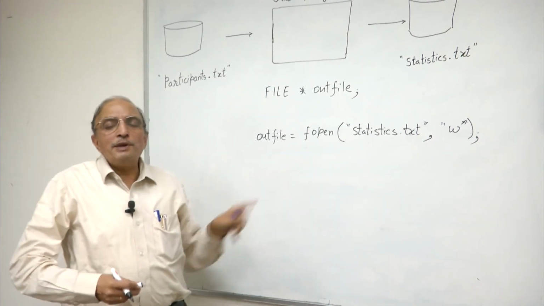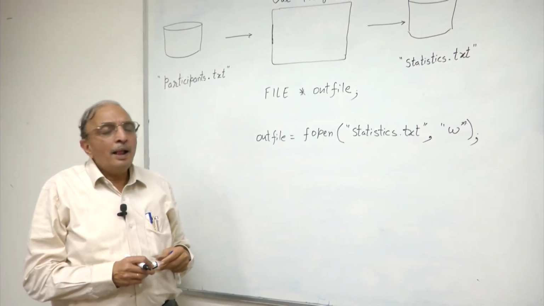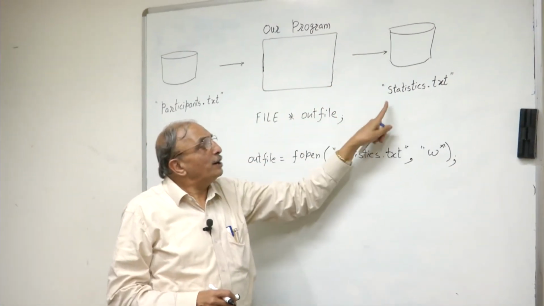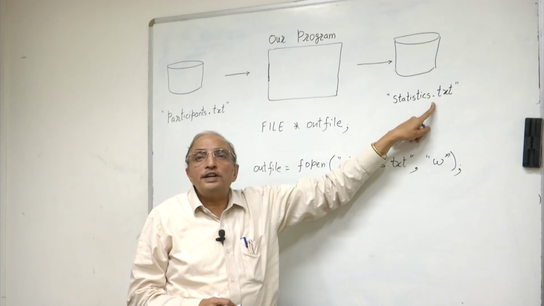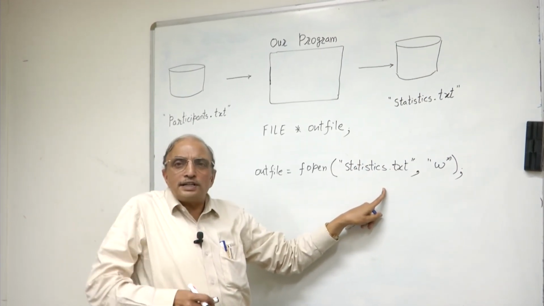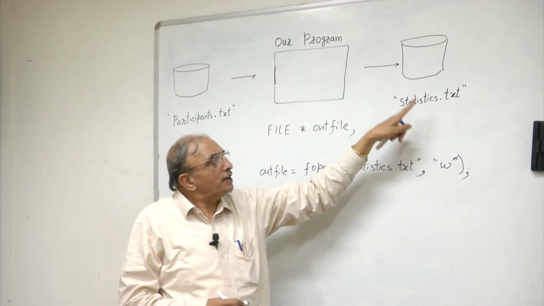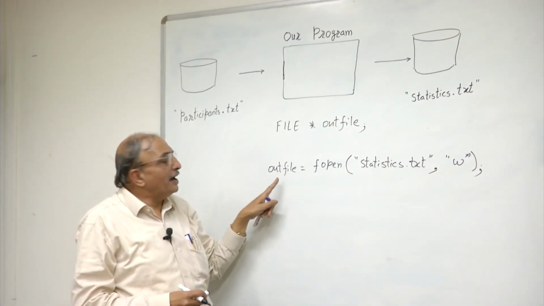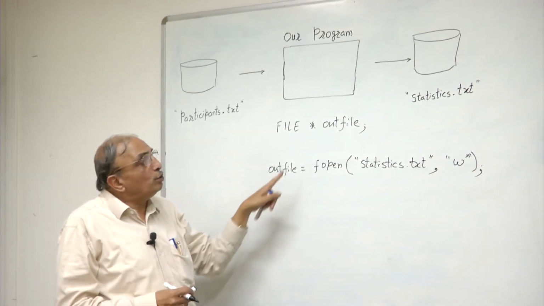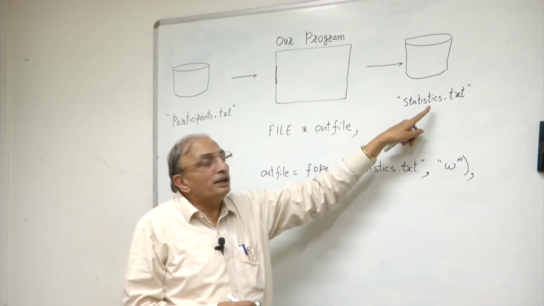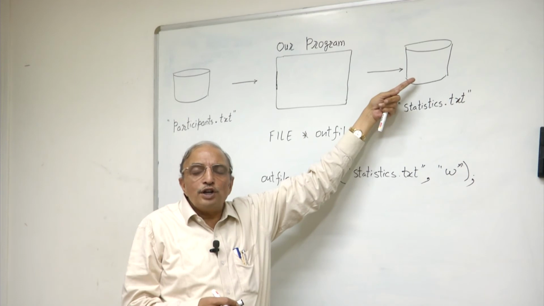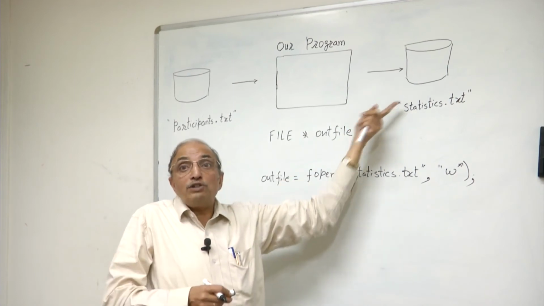When such an fopen statement is issued by your program, the program will actually, with the help of operating system, try to create a file statistics.txt as per the name that you have given. Ordinarily you should succeed in creating such a file, in which case the program will return a valid pointer for out file. But it is possible, for example, that you do not have permission to open such a file in the subdirectory in which your current execution is going on, or there may be no space on the disk.